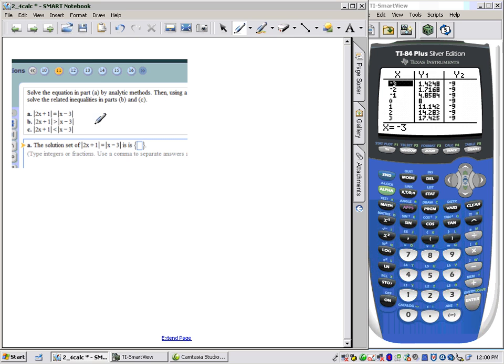Now, to solve this, part A was analytically and part B was to use the graphing calculator. So in part A, to solve it by hand, which we did earlier, we had to set 2x plus 1 equal to x minus 3, and also 2x plus 1 equal to the opposite of x minus 3. I know it'd be really handy if one of you could tell me what those solutions were, so I won't have to work it out again, but let's do that.